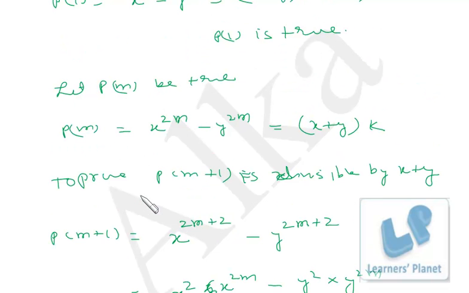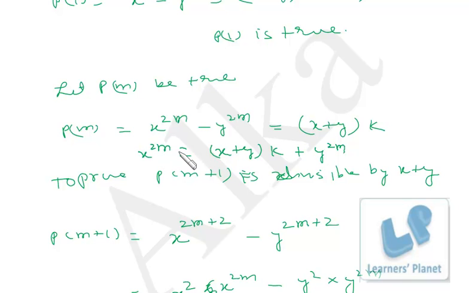Okay, now we can calculate the value of x raised to 2m. So x raised to 2m will be equal to x plus y into k plus y raised to 2m, right? We just sent y raised to 2m this side. So x raised to 2m can be written like this.